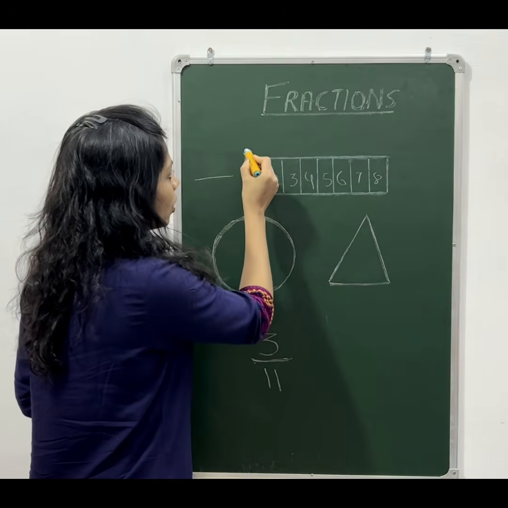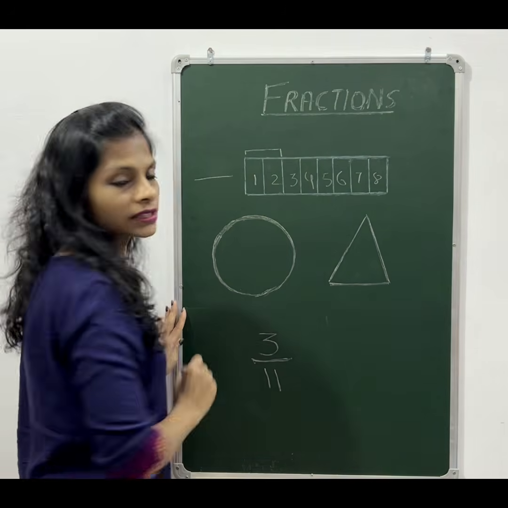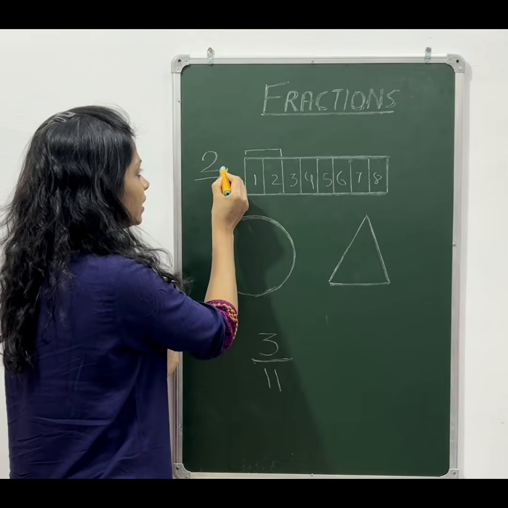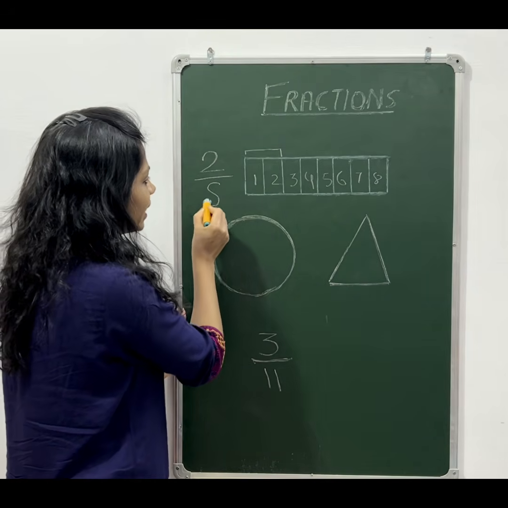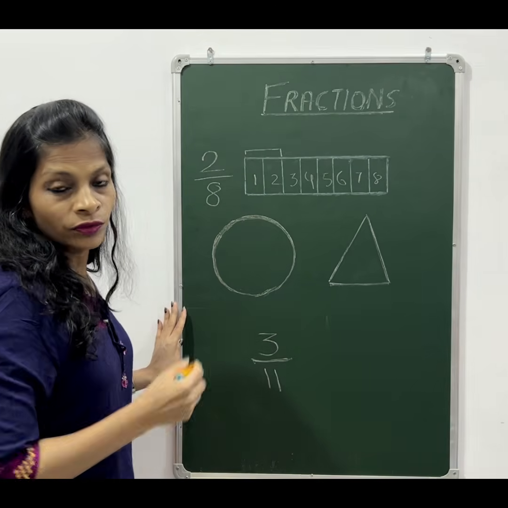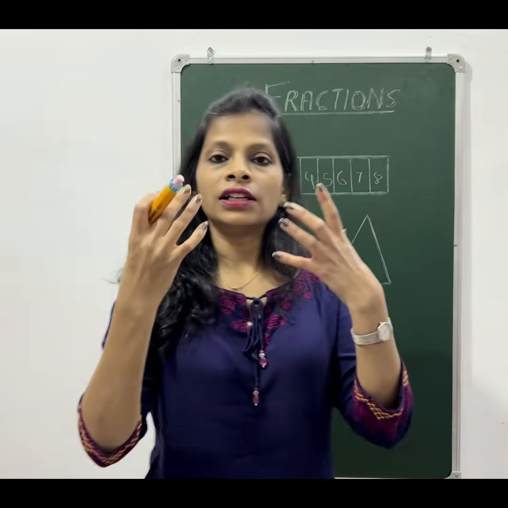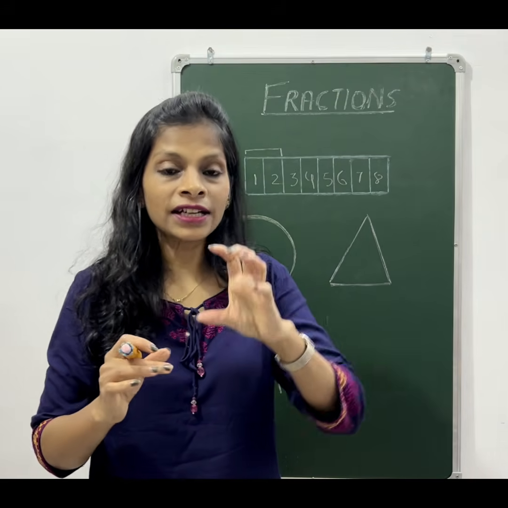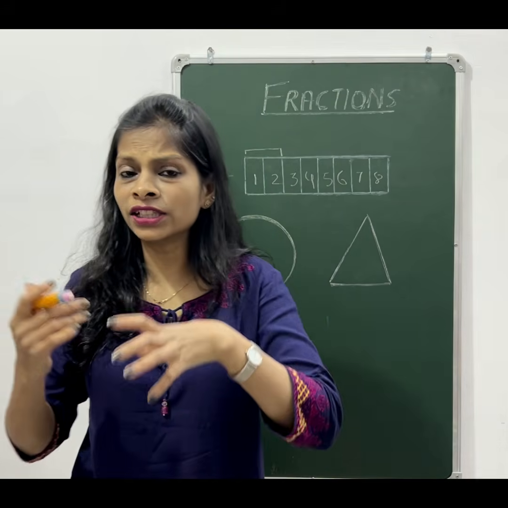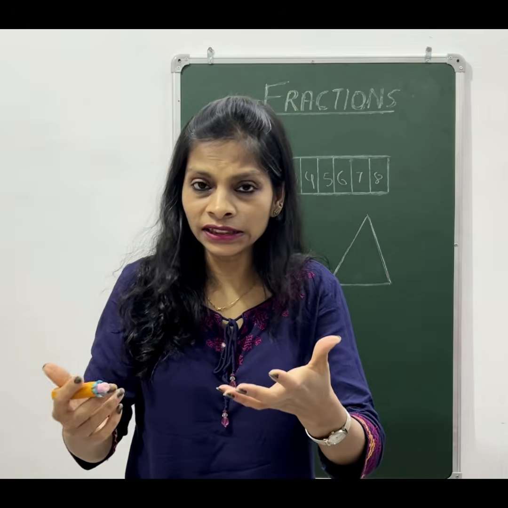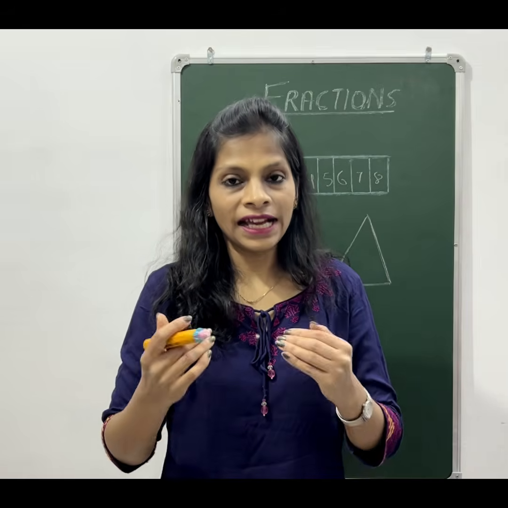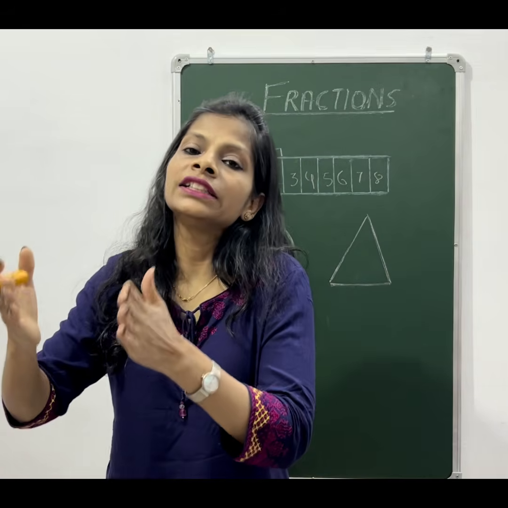If I'm talking about just 2 pieces out of the 8 pieces, I will say 2 pieces out of the total 8 pieces. So when I am talking about a fraction, I'm talking about the number of portions that are selected or shaded, or in a pizza, eaten, upon the total number of pieces or parts. And the portions are divided equally.